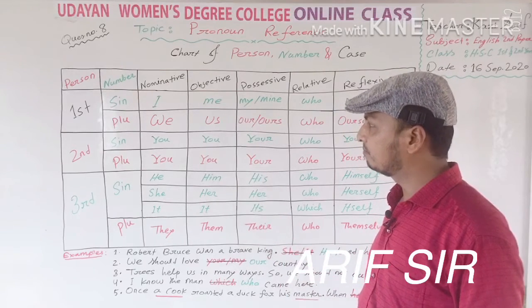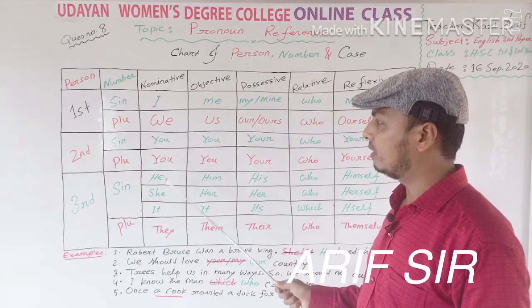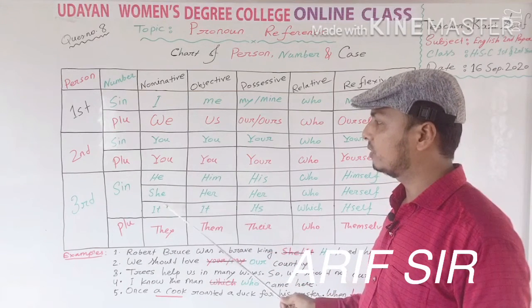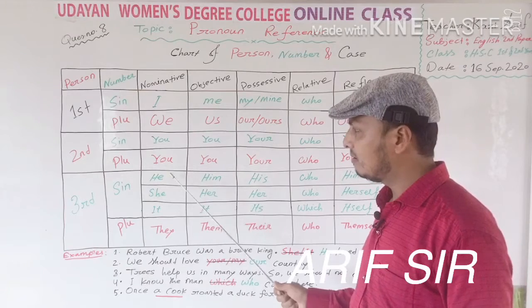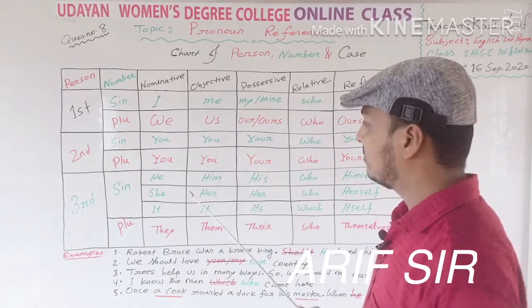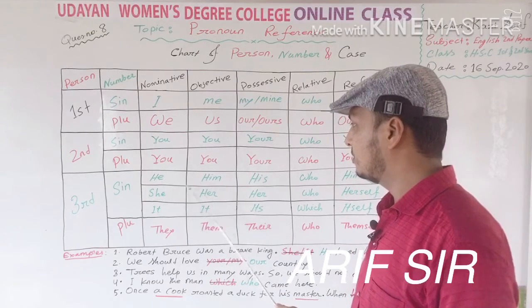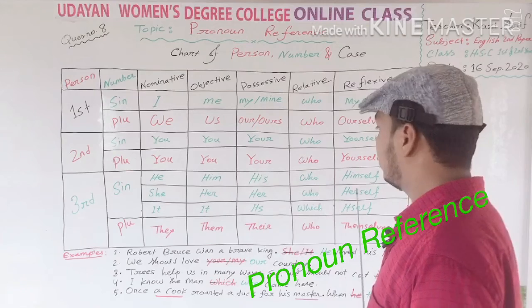My dear students, this is singular and this is plural. Singular, plural. He, she, it. He indicates the masculine gender: he, him, his, who, himself. She indicates feminine gender, that means she, subjective, objective, possessive, relative, reflexive.